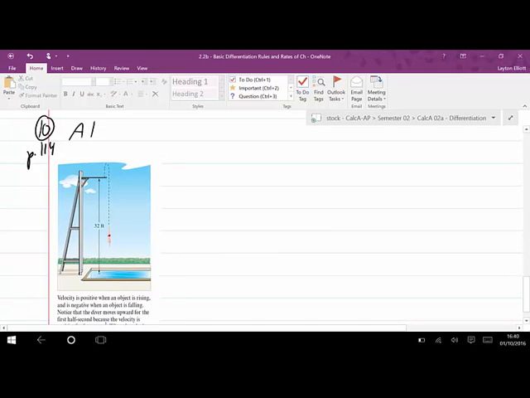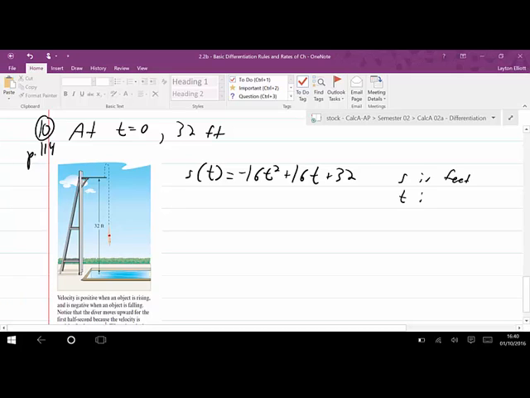It says at t equals 0, at time equals 0, a diver jumps from a platform that is 32 feet above the water, and his or her position, s of t, equals negative 16 t squared plus 16t plus 32, where s is in feet and t is in seconds.